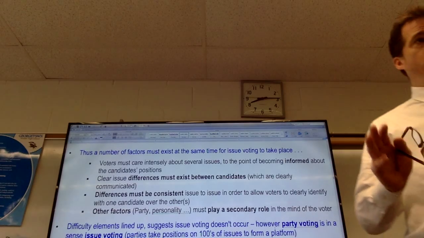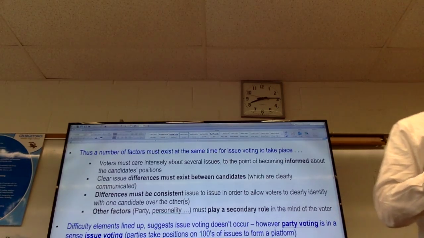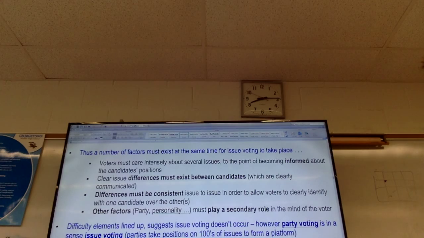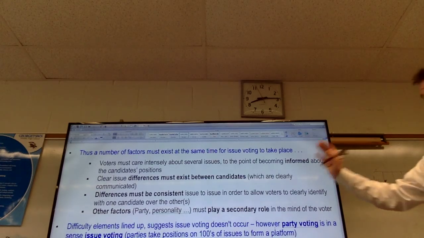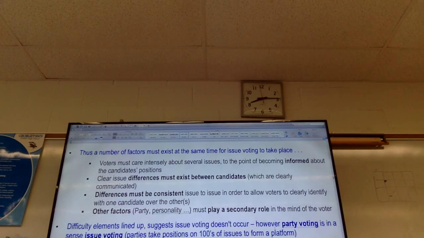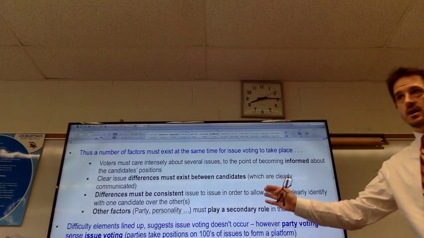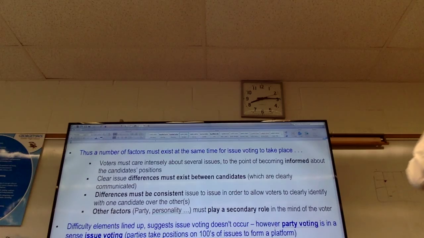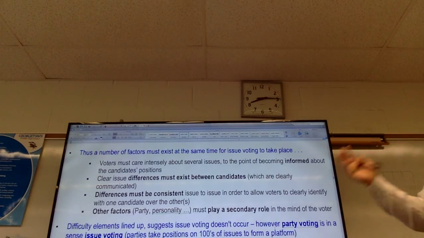That's assuming you've taken the effort to understand: I've looked through the issues and come up with a position, I can detect that there's a difference, and the differences are consistent with my own. My list of 1 through 10 is their list of 1 through 10, and they feel about it to the same degree I do. And all other factors are secondary. My age, my demographics, my income, the issues trump things.